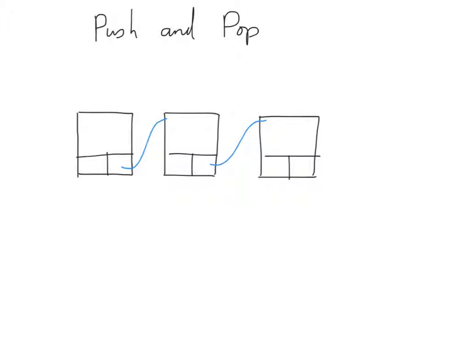We sometimes use the phrases push and pop when it comes to lists. Now, all push means is that we add an item to the end. That's what we do in a list. What pop means, though, is we grab the item from the end of the list, return that item, and then remove it.